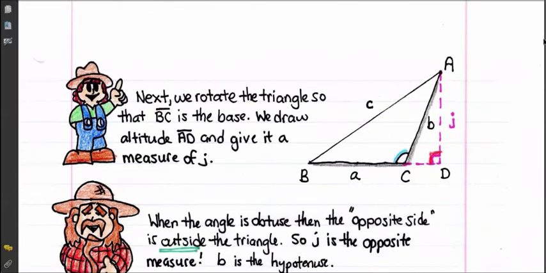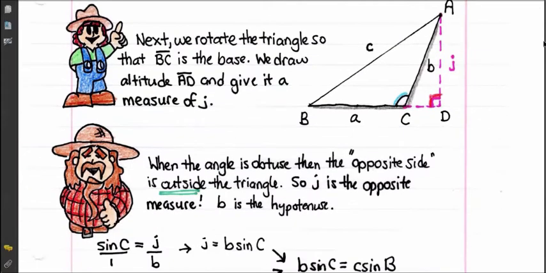Notice that because C is an obtuse angle, the altitude is outside of the triangle, and we learned this in a previous lesson. Now, when the angle is obtuse, then the opposite side is outside the triangle. And that means that j is considered the opposite side measure to the angle C.